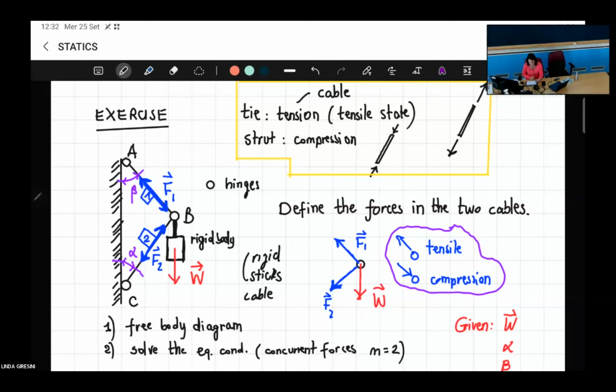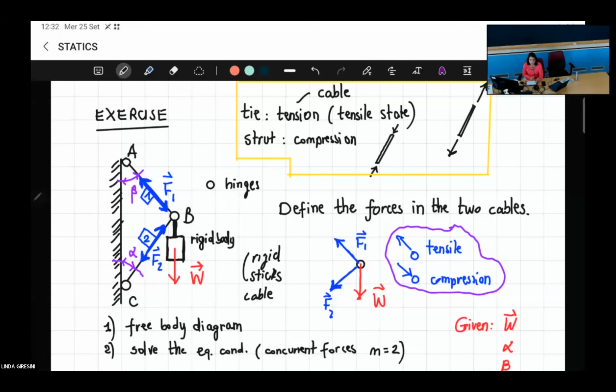So cable just for tension, if you prefer. It's just a convention. Because sometimes cables like ropes are flexible, and therefore not rigid. So these two elements are like rigid sticks.